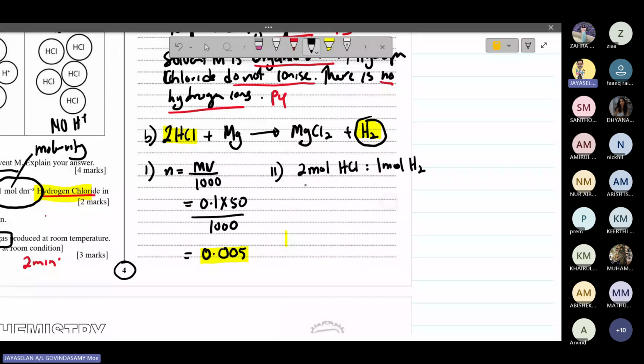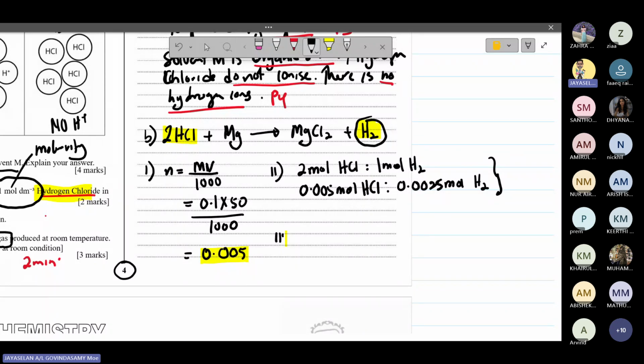That means 0.005 mole HCl will give how much? Half, 2 becomes 1. So half of that is 0.0025 mole H2. In the exam, the examiner will check whether you compare the ratio from the equation and the calculation. Once there, 1 mark.